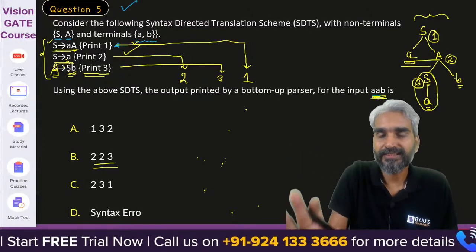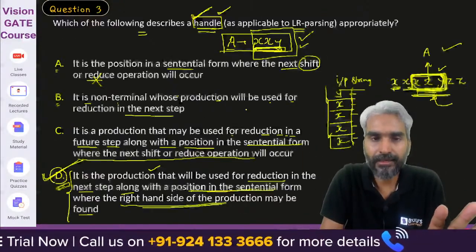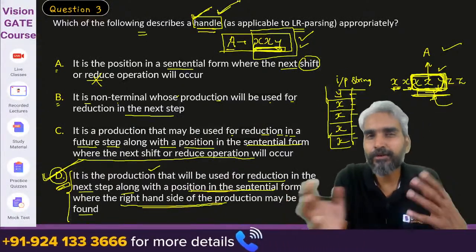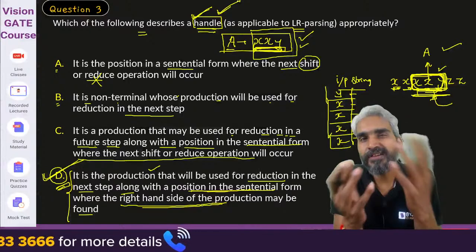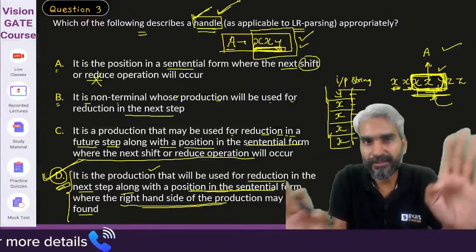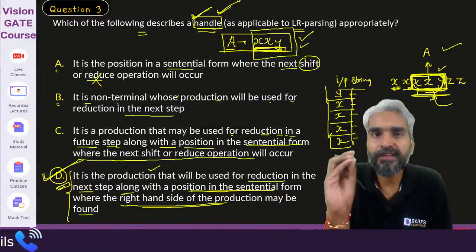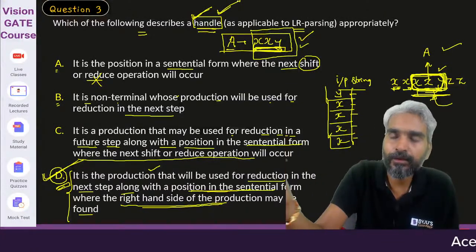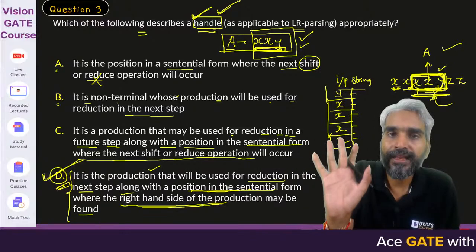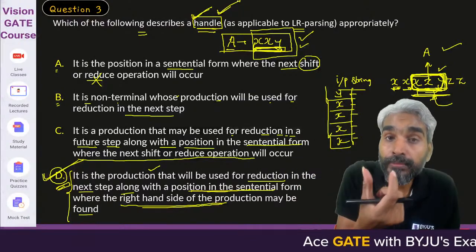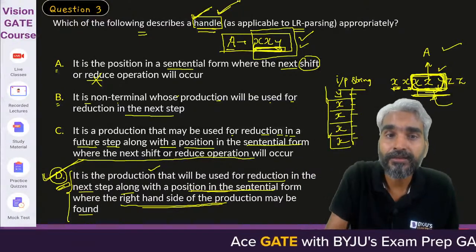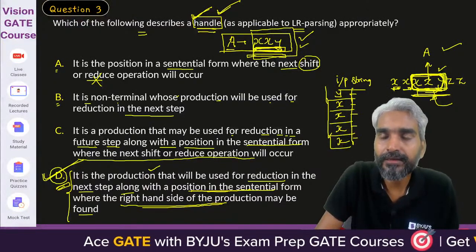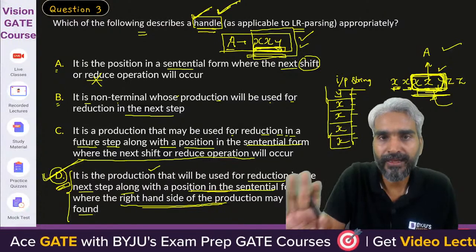So please, there is a problem. Let me explain. Generally, when we say LR0, please try to understand: if the grammar is LR0, it will not worry about lookahead. In an LR0 grammar, the moment you see a substring which matches the complete right-hand side of a production, it will be a handle.